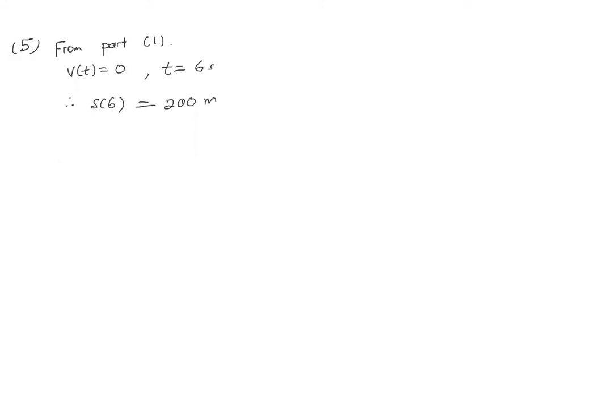Okay, so if I go back to my motion diagram, this is the origin, this is the 160. That is the starting, so this is the initial position. This is the stopping position.